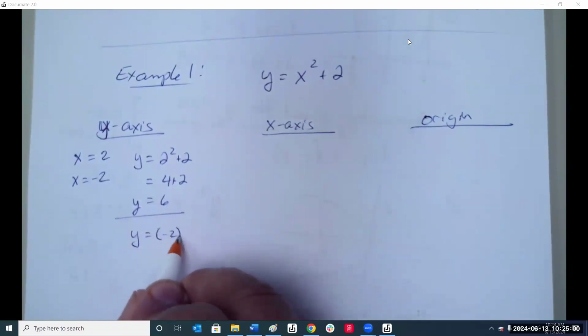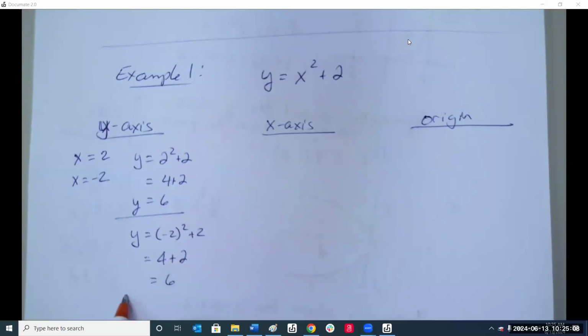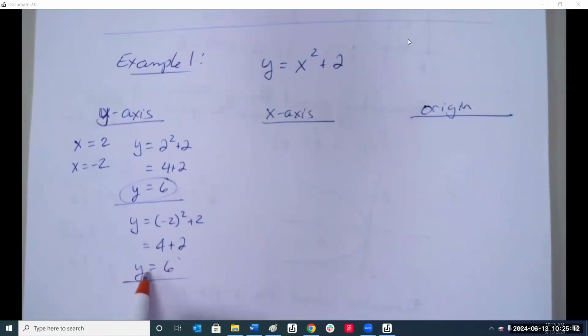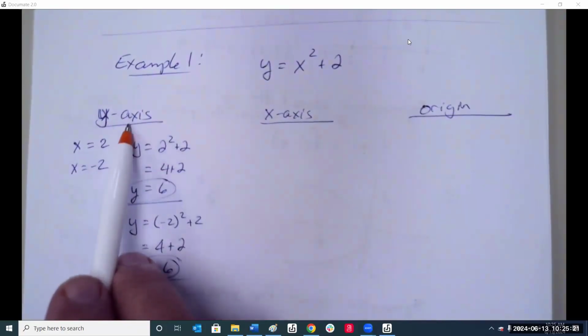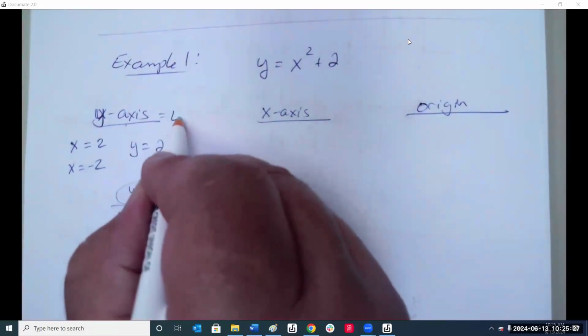Then we put a -2 in there. -2 squared is 4. So the answers are the same whether I put positive or negative. What does that tell me? It's symmetric about the y-axis because I changed the x, and therefore it's an even function.